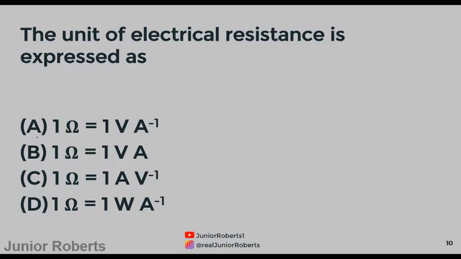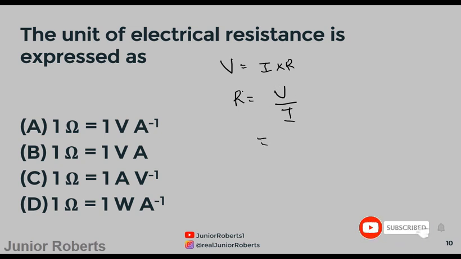Now this question here says, the unit of electrical resistance is expressed as, okay, so we know from Ohm's law that V is equal to I multiplied by R, where V is our potential difference, I is our current, and R is the resistance. So therefore we can write resistance as being equal to V over I. So taking the SI units for V and I, we can derive the SI unit for resistance.